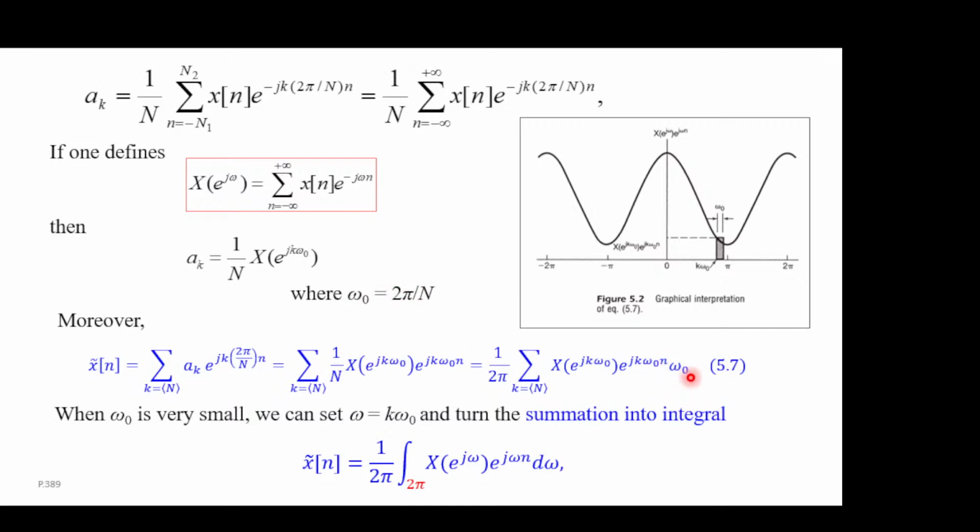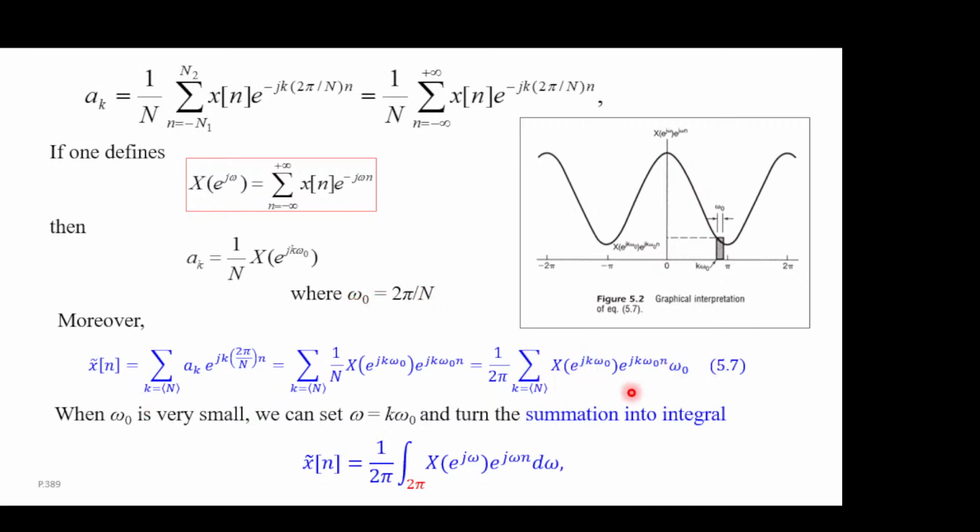And now, just like in the convergence of the Fourier series, we say that you are summing over something with a very small difference. So just like in continuous time, you will change this summation to an integral, because we say that as big N goes to infinity, omega naught goes to 0.